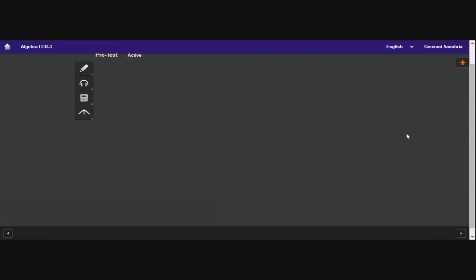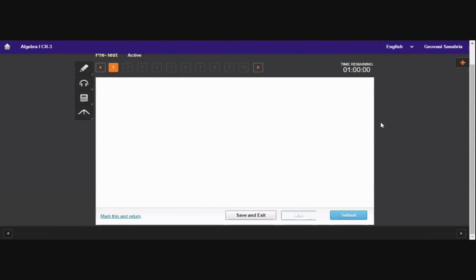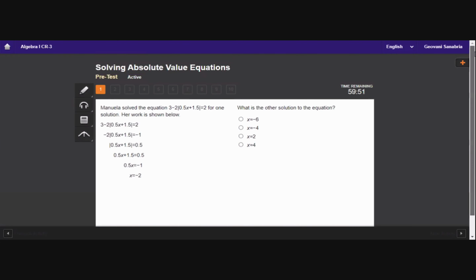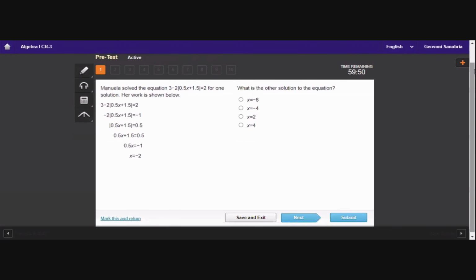Are there 8 for each little section? Like we're on number 2 or 3 right now. What number are we on? There's going to be, I believe, like 10 or something of this. Oh, this is a pretest.